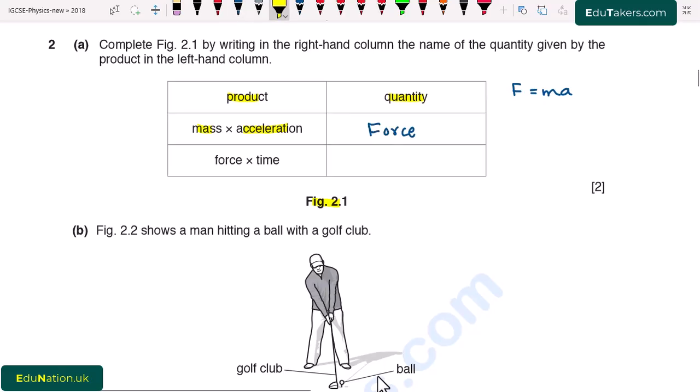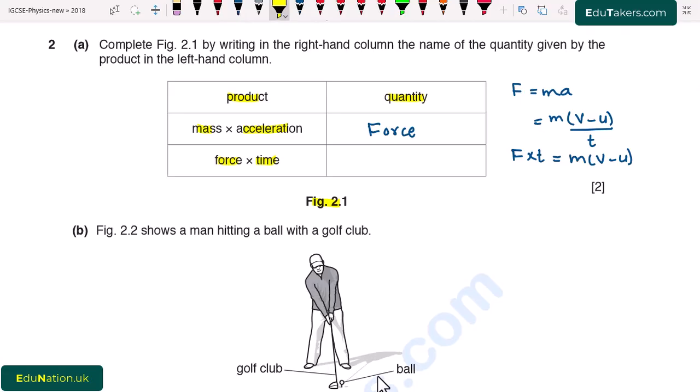Force and time. We know that acceleration is equal to change in velocity over time. I write here a = m(v minus u) over t, and when this t comes on this side it will be F times t, which is equal to m(v minus u).